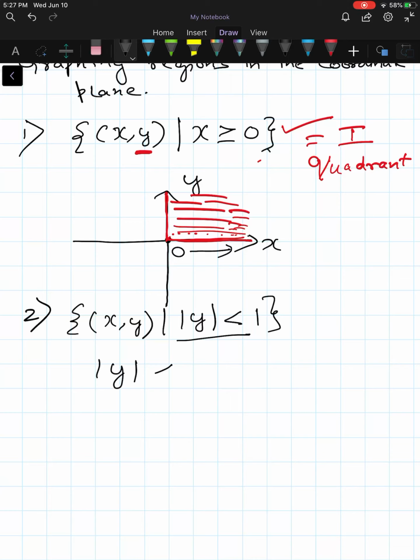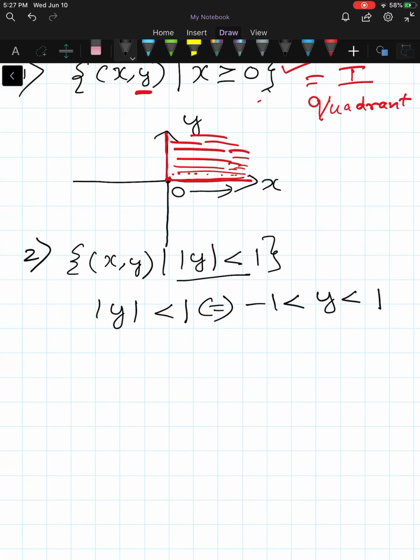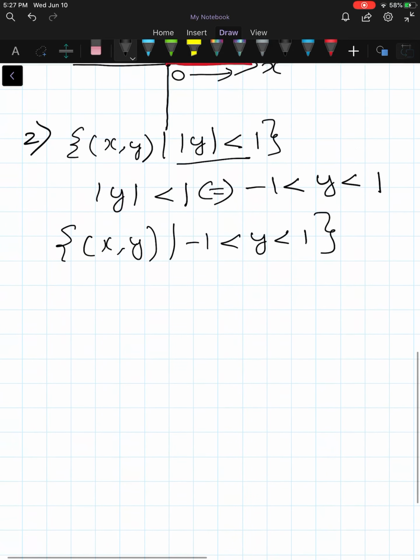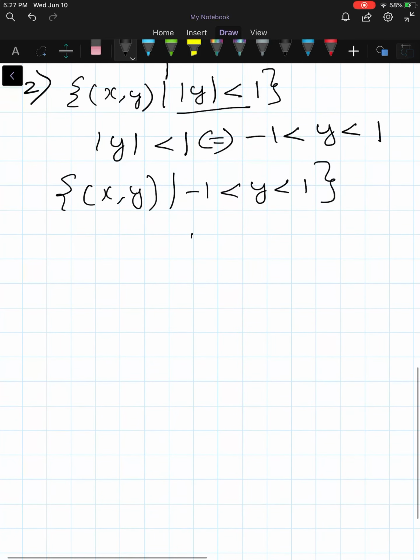Absolute value of y less than 1 implies, by the rules of absolute value expressions, that this is equivalent to -1 less than y less than 1. So the given set can be written as all those ordered pairs such that -1 is less than y is less than 1. So now to represent this on the coordinate plane.